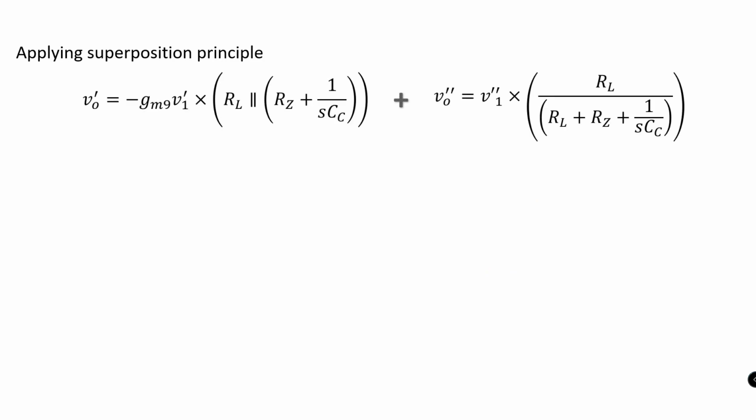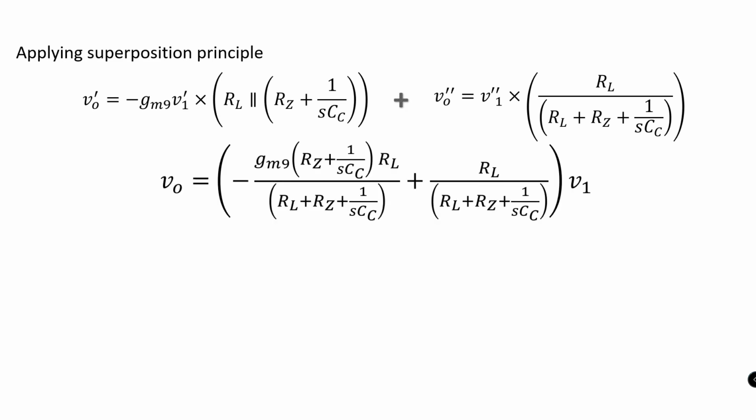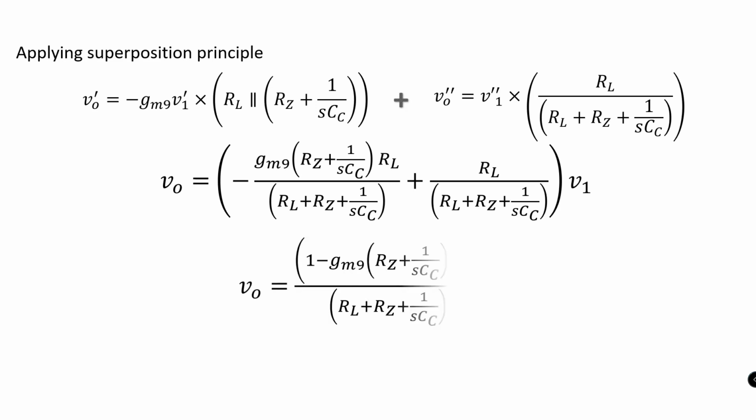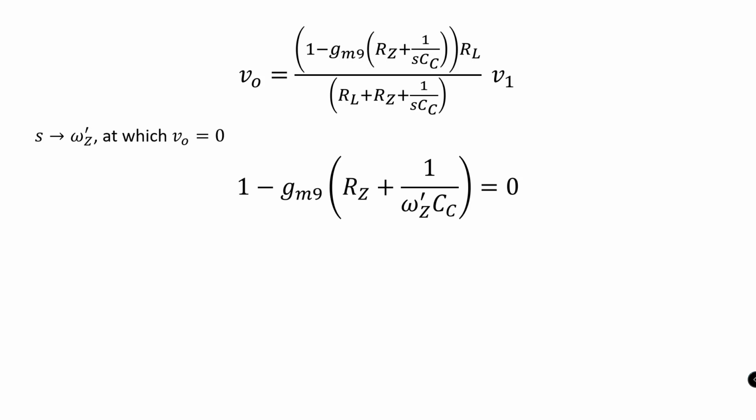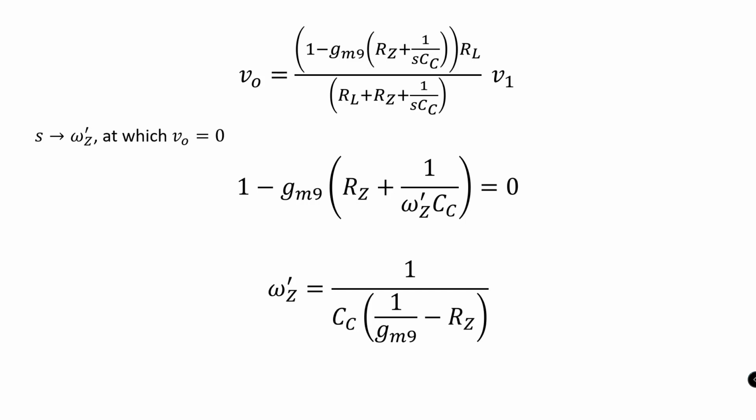Now applying the superposition principle is nothing but the addition of both the responses together, which results in the following expression for the effective output voltage V0. As stated before, this V0 becomes 0 when the circuit is operated at omega z, and this can happen only when the numerator polynomial becomes 0. From this characteristic equation, one can obtain the value of omega z.